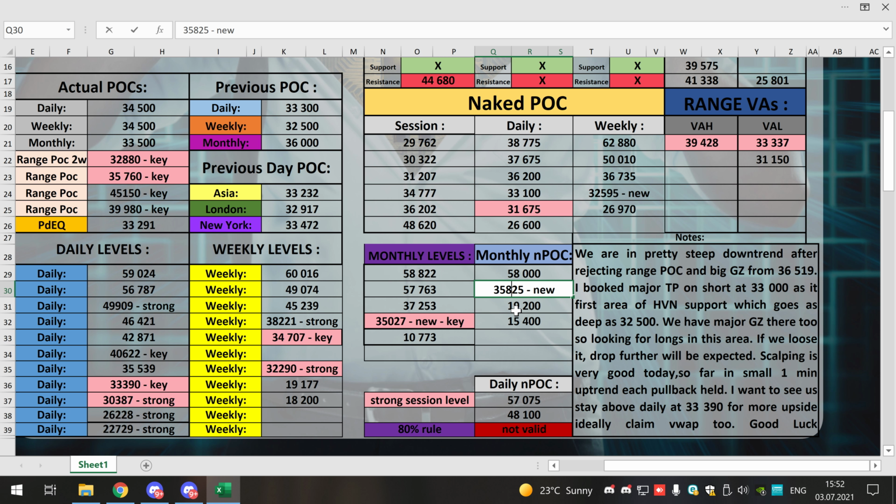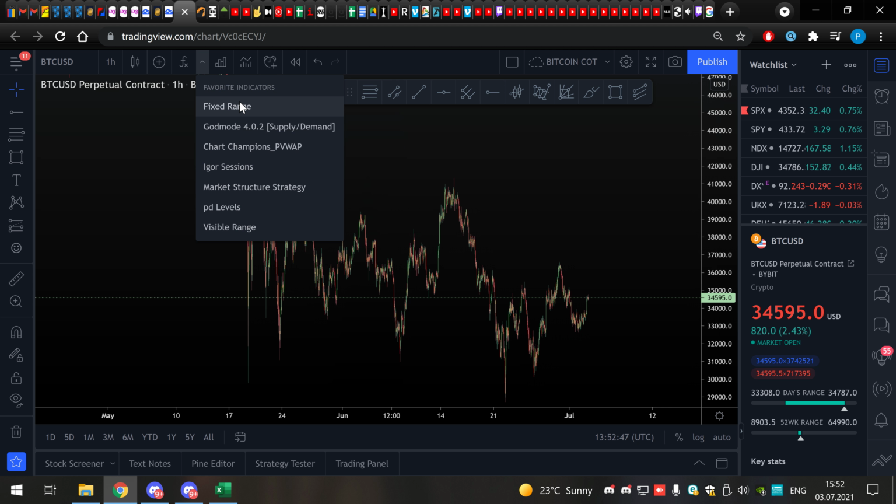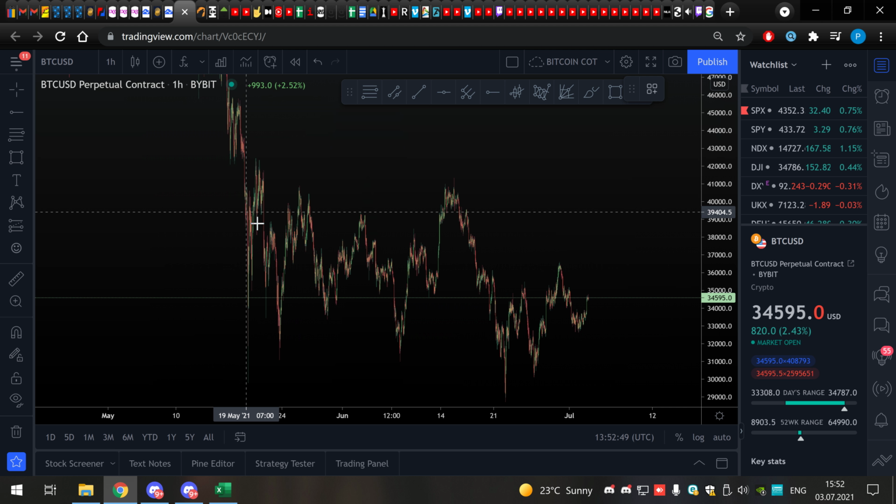Let's check it. So first I will mark it only when we are in range. First we need the biggest range we can get, so it's over here.